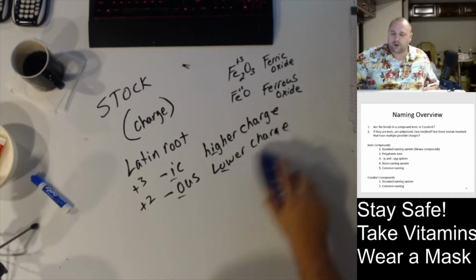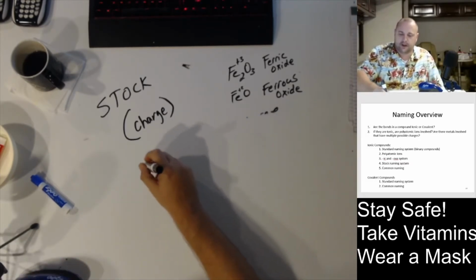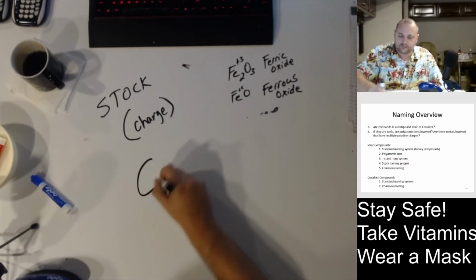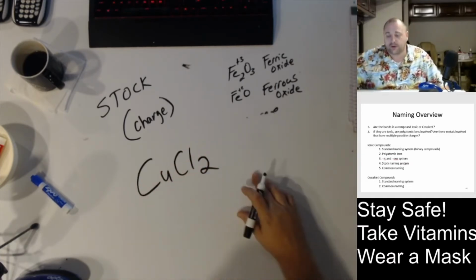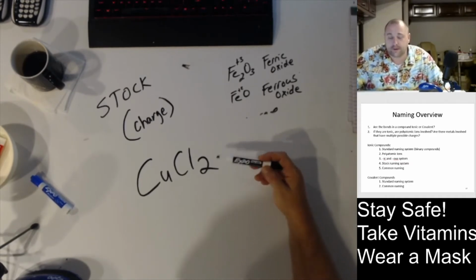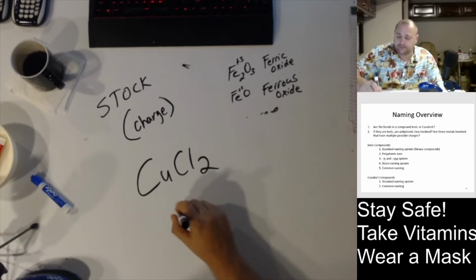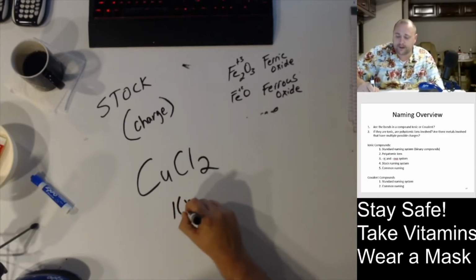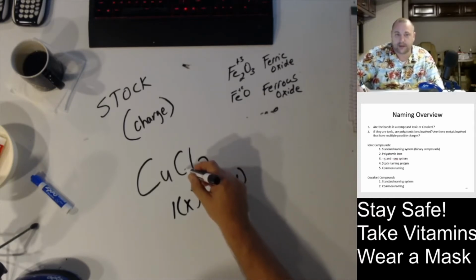So that's the problem with that system, because when I do something like copper and I want to decide, is this cupric chloride or cuprous chloride, then when I do my math, 1 times X plus 2 times -1, because that's a halogen, right?